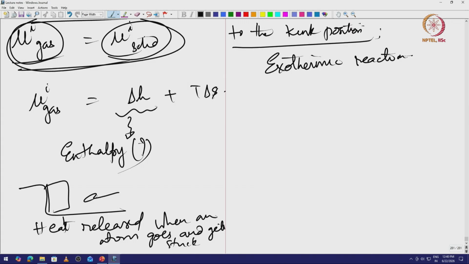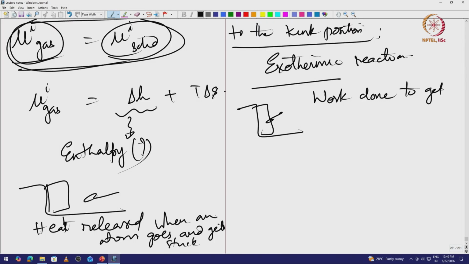And what is that? It is nothing but the work. So, how much heat is released when an atom goes and gets stuck there? It is the work done to get an atom stuck to the half crystal, or sorry, I have to remove an atom.